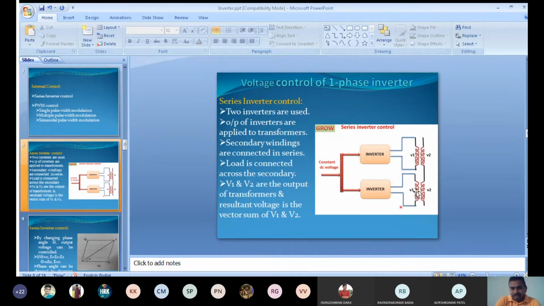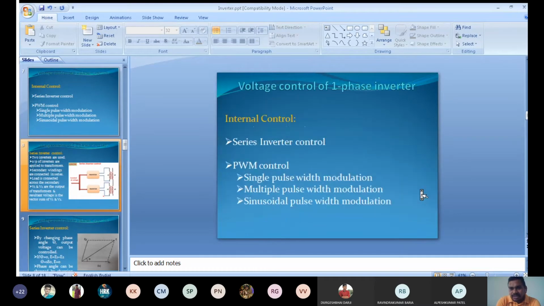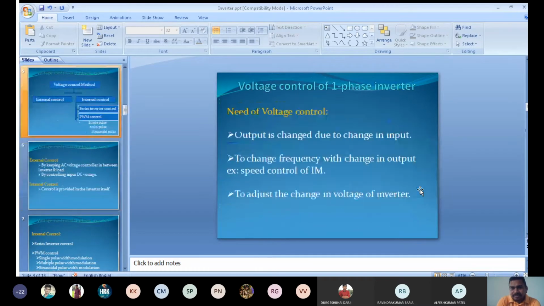The secondary windings of the T1 transformer and the T2 transformer are both connected in series.